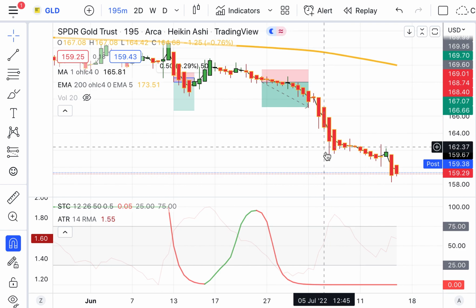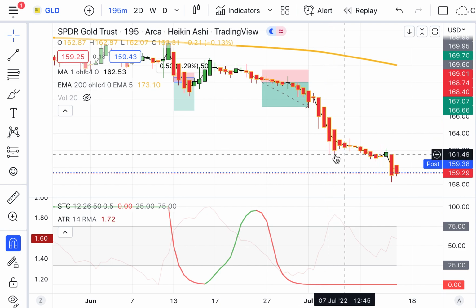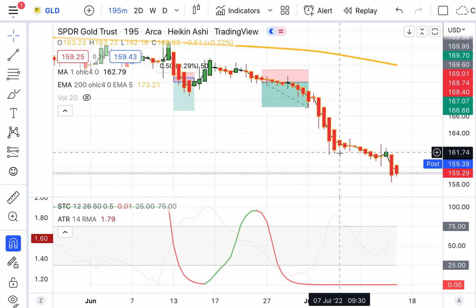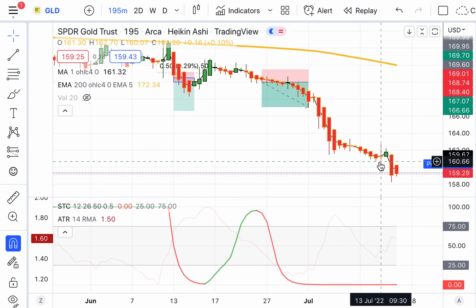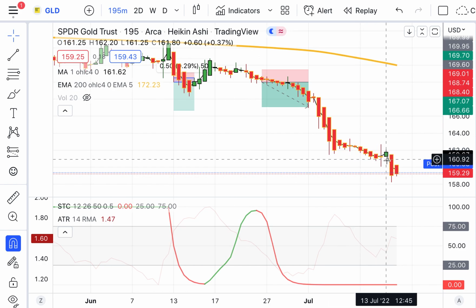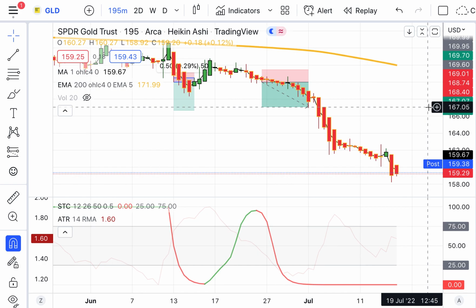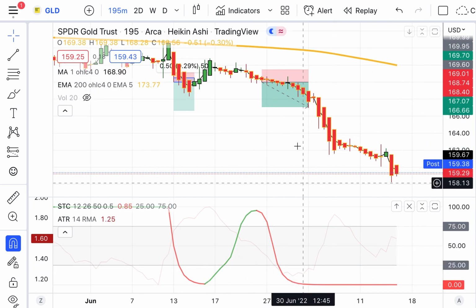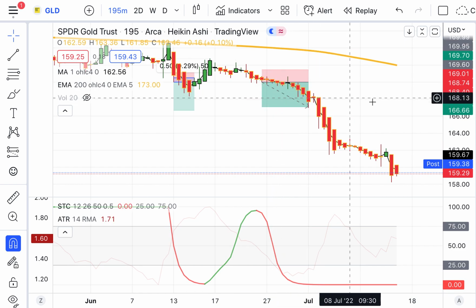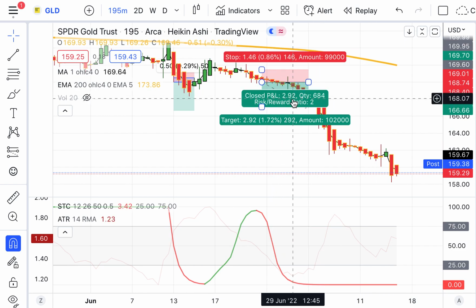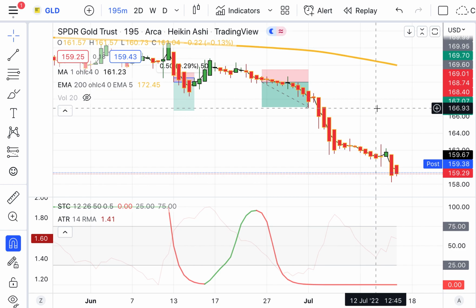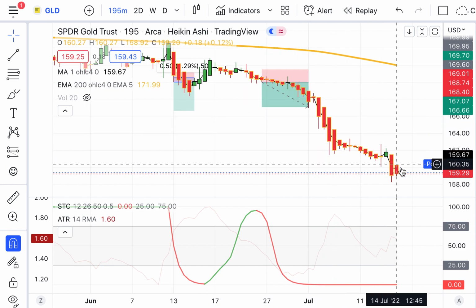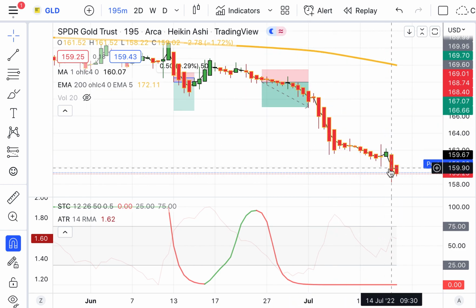1.40%. Gold had, sort of for a couple of days, it sort of slowed down, then rocked down for 2 days, slid sideways for a day, and then rocked down again strong, recovering a little bit in the afternoon. Red on the STC, we jumped in, took our profits there with a 1.72%, which is double the ATR. Then, of course, things heated up quite a bit.